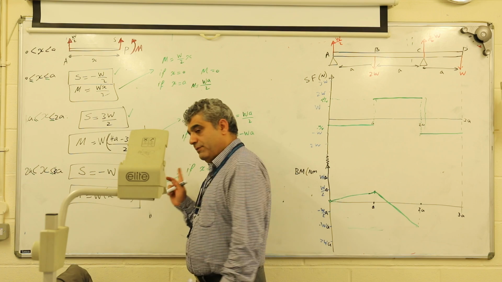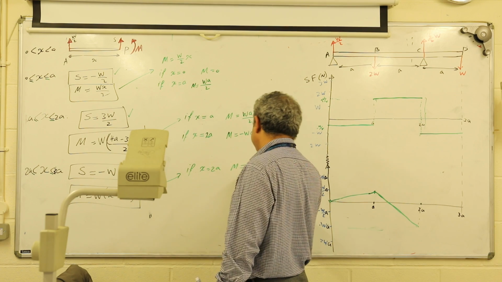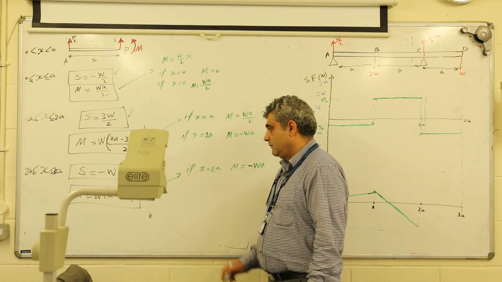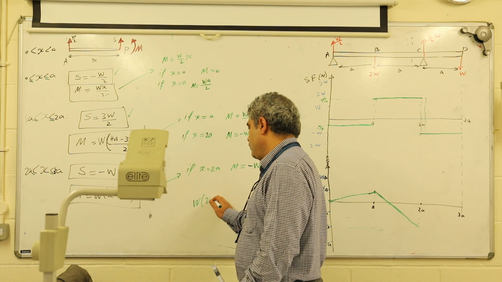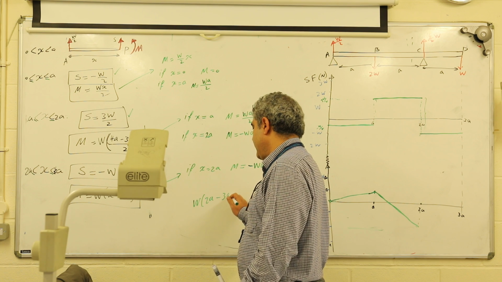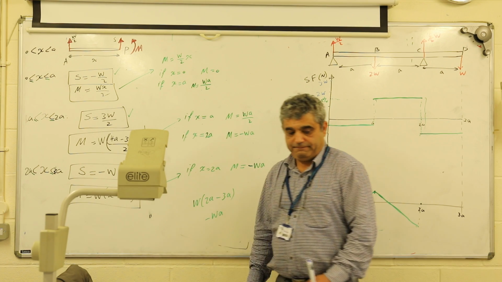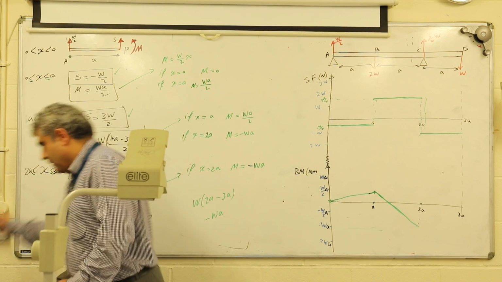No, you put a value in for x. It would be 2a, 2a minus 3a times this one. What would it be? It would be WA. 2a minus 3a would be minus a, so minus WA. Yeah, that's right. Be careful.